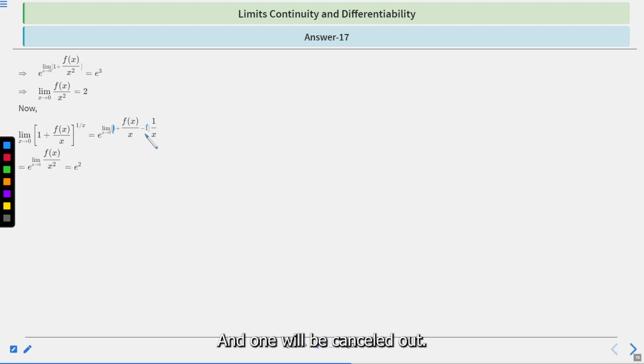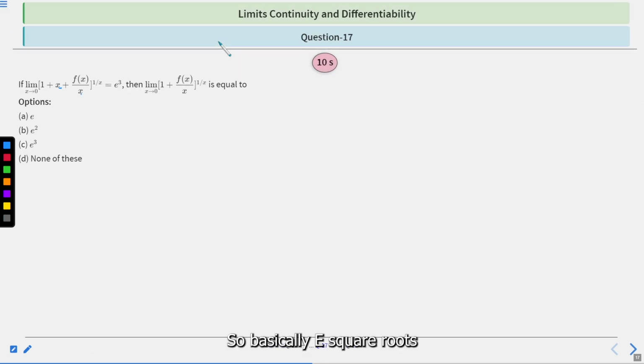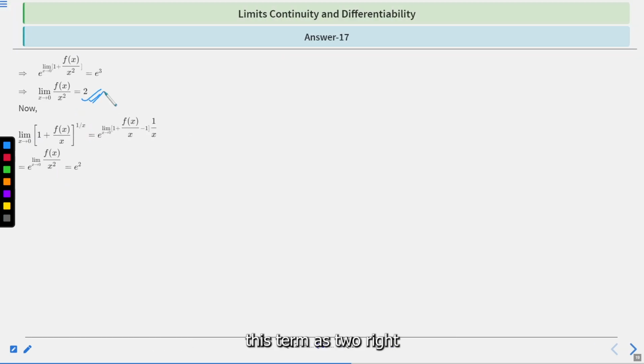So 1 and 1 will be cancelled out. So it can be broken as e to the power limit x tending to 0, f(x) upon x square is equal to e square, right? Clear? So basically e square, option B is the right choice, because we have actually calculated this term as 2, right?